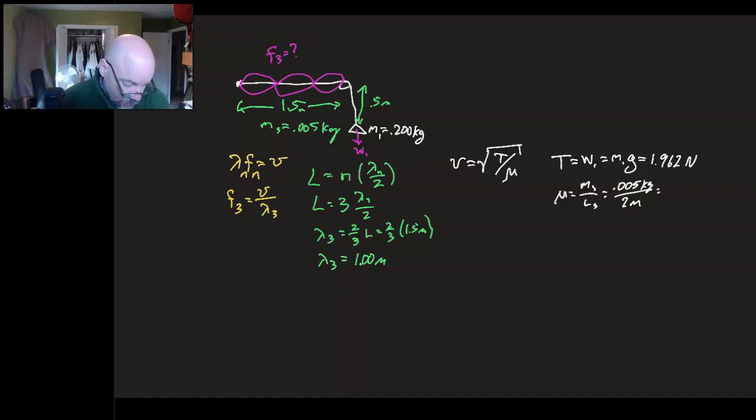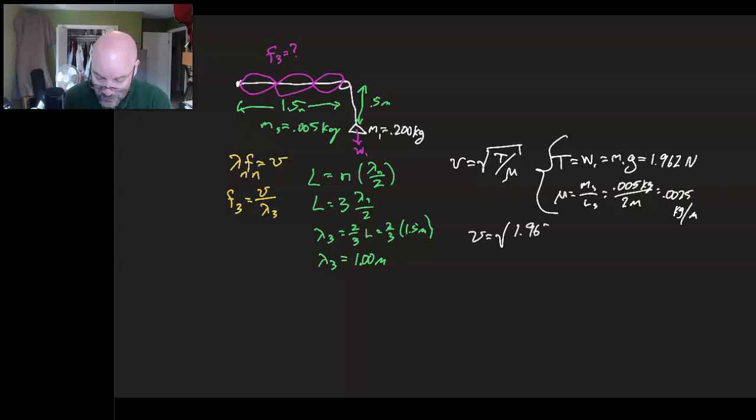And that gives us a mu value of 0.0025 kilograms per meter. So if we plug those things in to our equation, we're going to have the square root of 1.962 newtons over 0.0025 kilograms per meter.